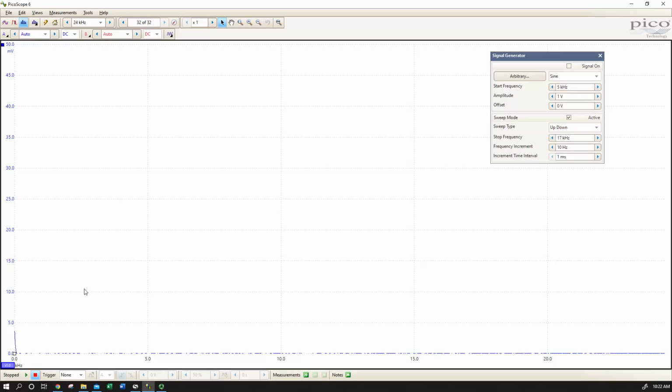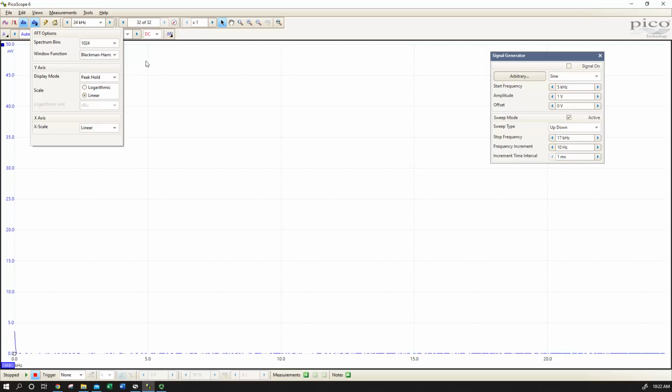But by using our peak hold, those will all end up averaging out using just their top value, and we'll end up getting a smooth curve as we sweep back and forth and continue to gather data. So let's see, are we ready to start?